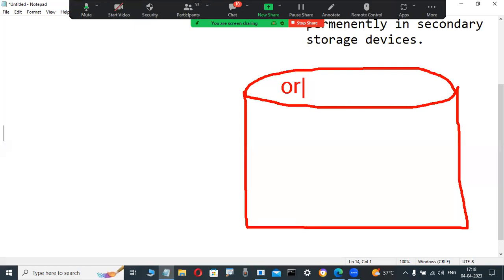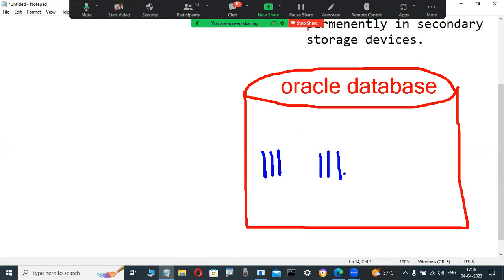So observe it here. Suppose in the future you are learning about Oracle database, SQL Server database, anything. Data is stored in the format of tables. This is an organized fashion, a structured manner of storing data.